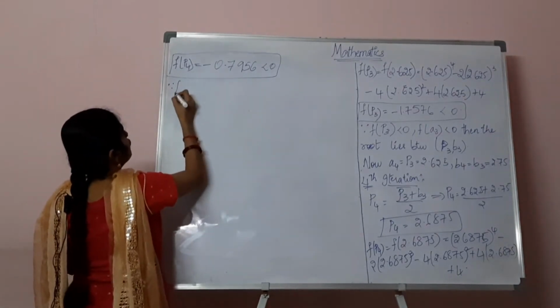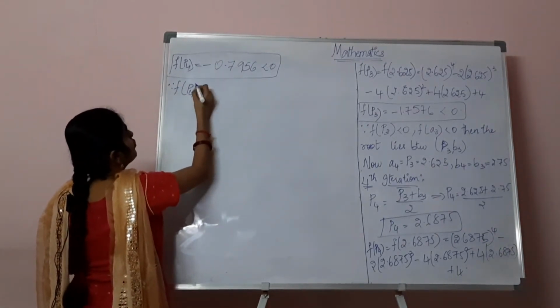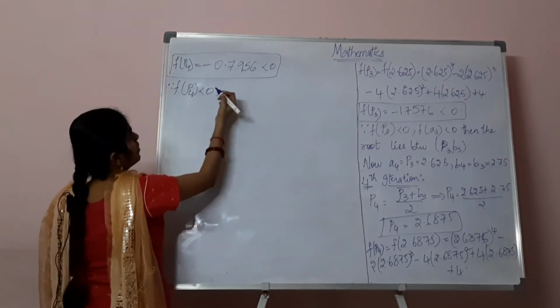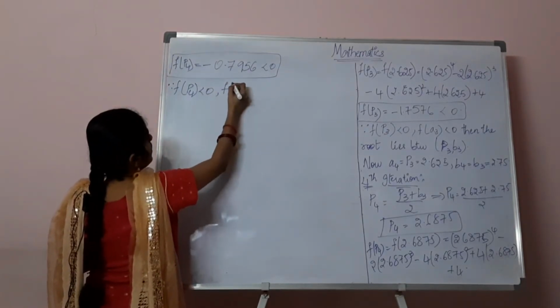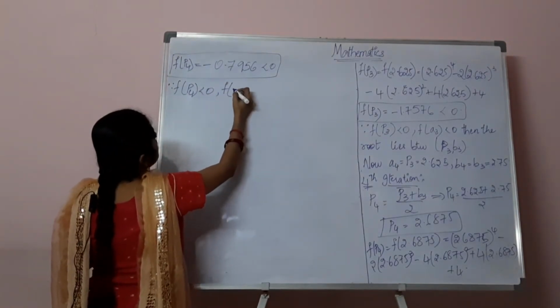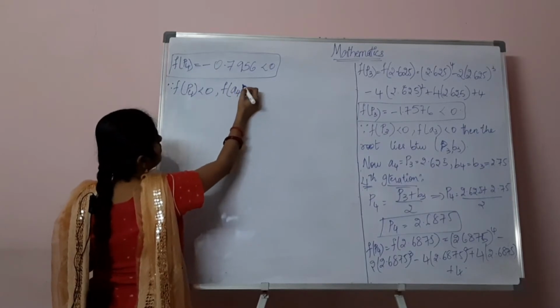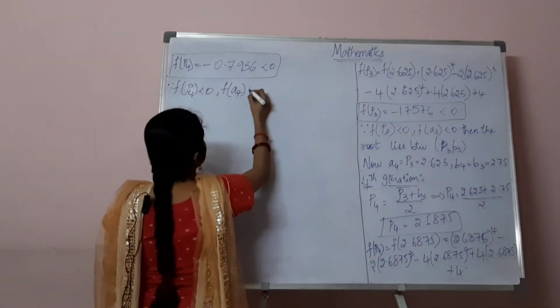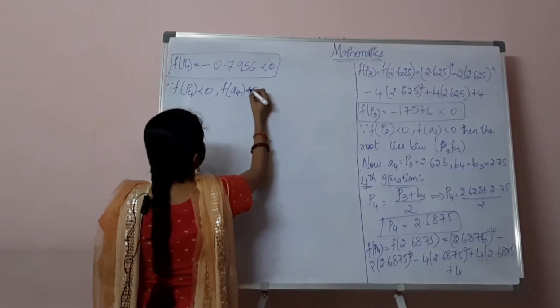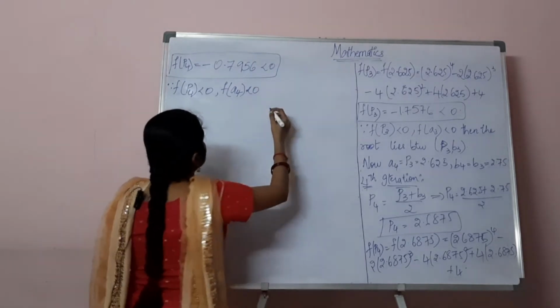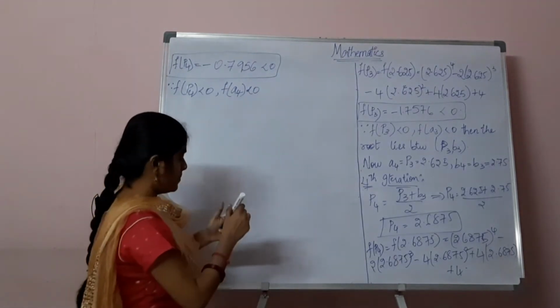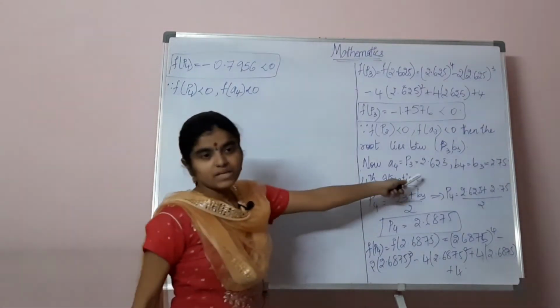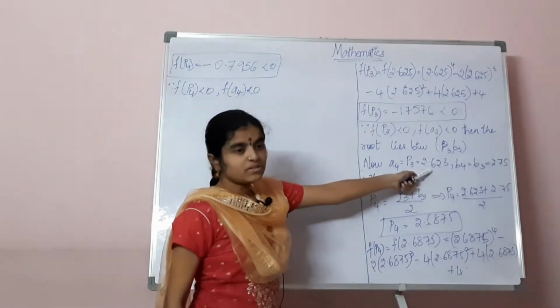Since f of P4 is less than 0, f of A4 is less than 0 too. What is A4 here? P3. What is the P3 value? 2.625.